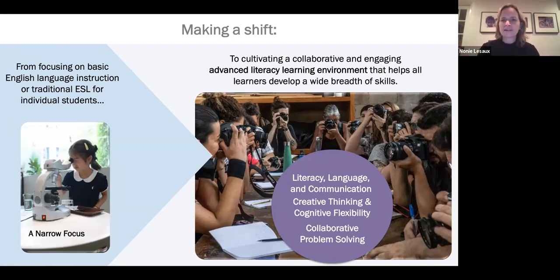In the end, these competencies, the language, the literacy and communication, the creative thinking, cognitive flexibility, the collaborative problem solving, we are working on those in the context of a learning environment that helps our students develop those skills. And of course, the basic English is a stepping stone, but it is not the end game and the end goal. So in the end, we have this wider focus or wider lens.